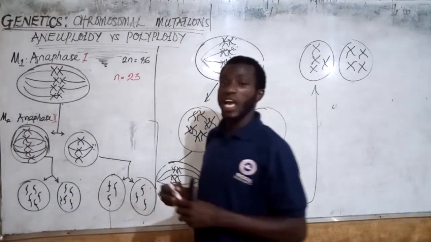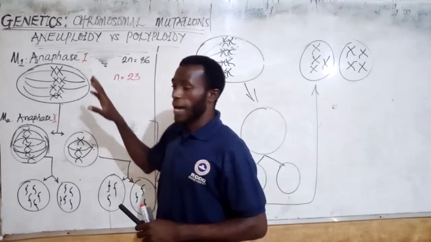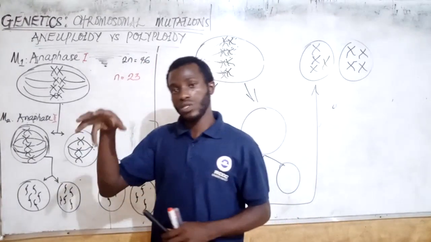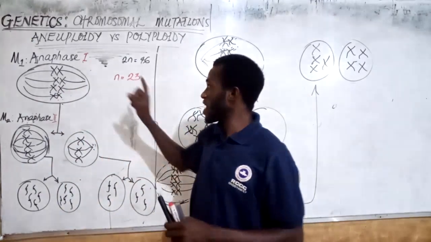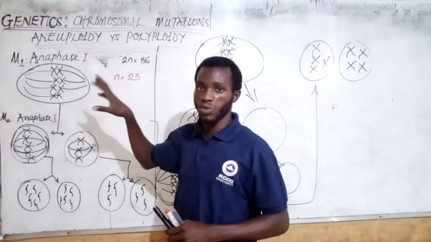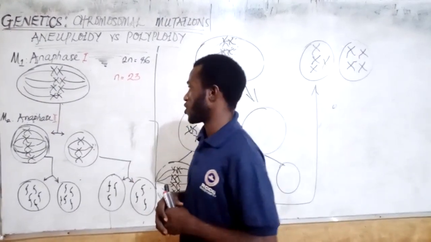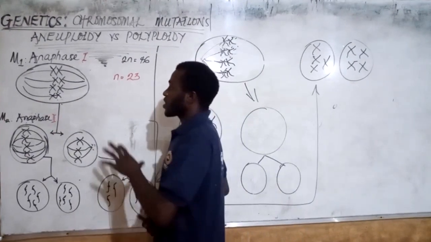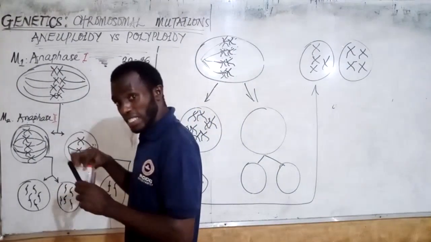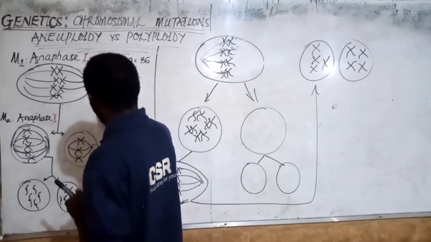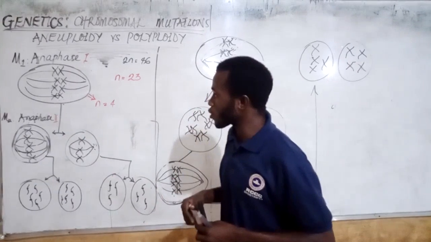Aneuploidy can happen with both allosomes and autosomes, but here I've chosen allosomes because we will be talking about fertilization as well. The individual started with 8 chromosomes, so our haploid number N, as per this example, should be 4.